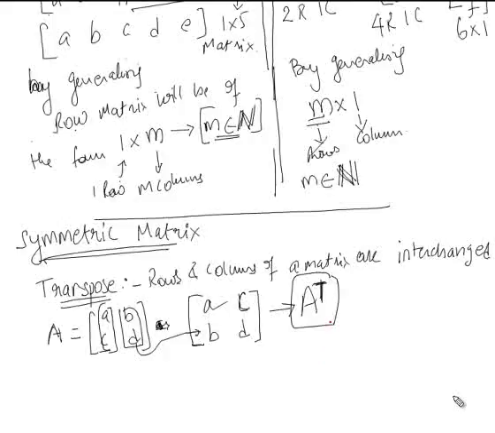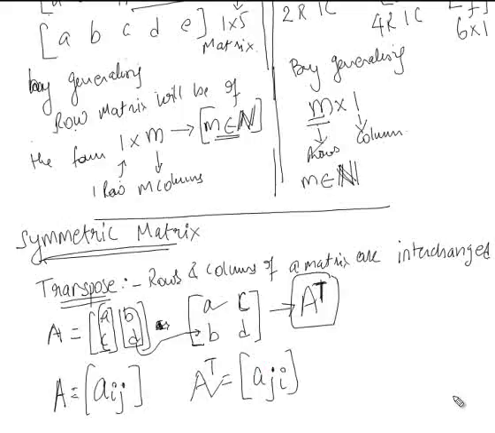Okay. Now, how can I write this transpose operation? Aij will denote A. All the collection of Aij is denoting A. So what will A transpose be? A transpose will be nothing but Aji, right? So the ith row, jth column entry will become the jth row, ith column entry. You see here, first row, first column is first row, first column here also after taking transpose.